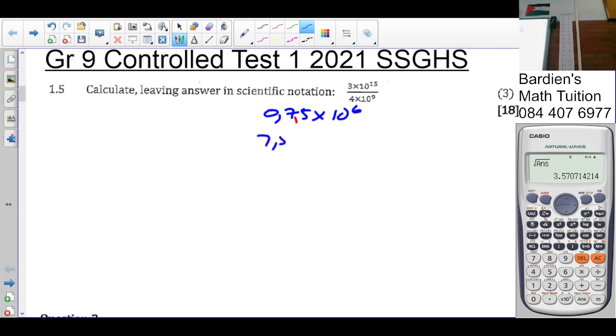So 7.5 times 10 to the 1 times 10 to the 6. When you're multiplying and the bases are the same, we add the exponents. Now, this must be minus 1. But remember, if the comma moves to the right, it is minus. If it moves to the left, it is plus. Okay. So negative 1 plus 6 is 5.